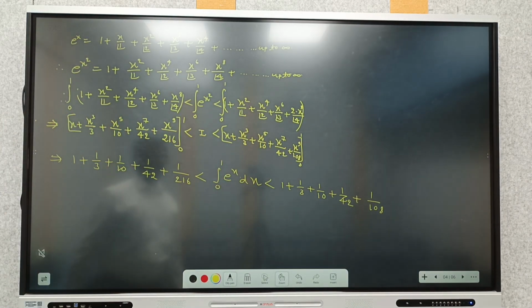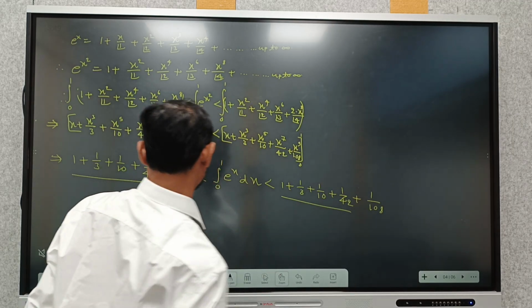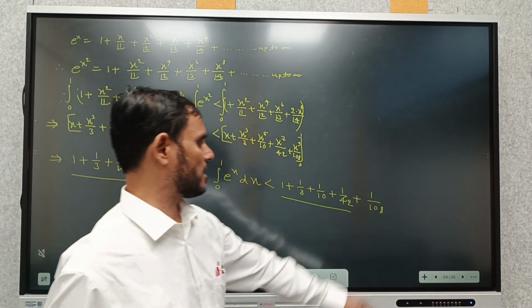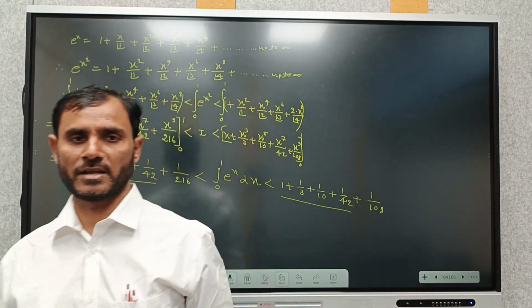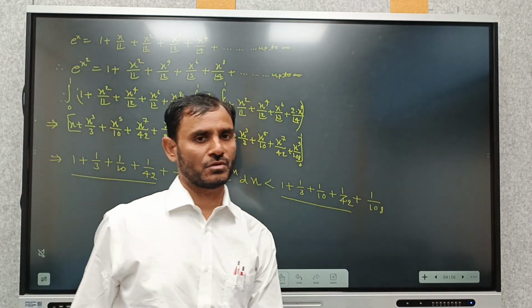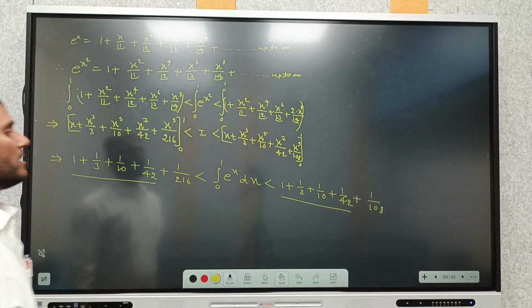Note that these first four terms are equal on both sides. The only difference is 1/216 here and 1/108 there. And the difference of these two terms is 1/216.